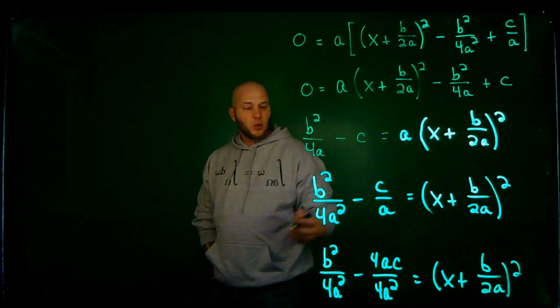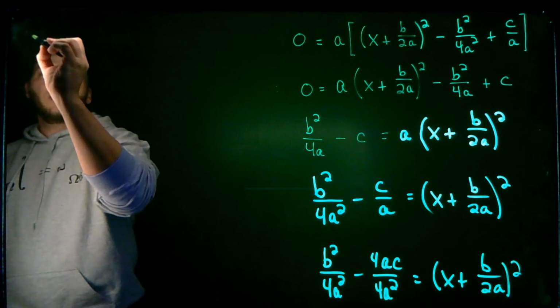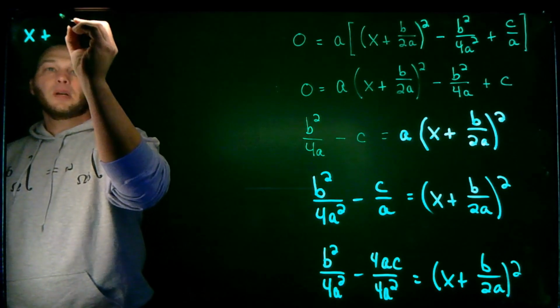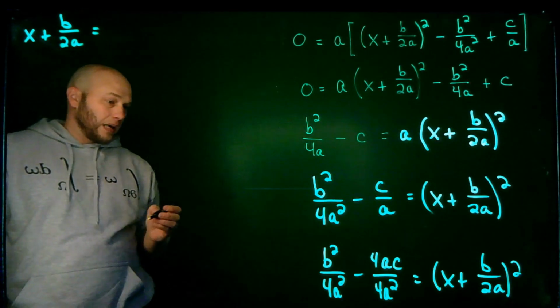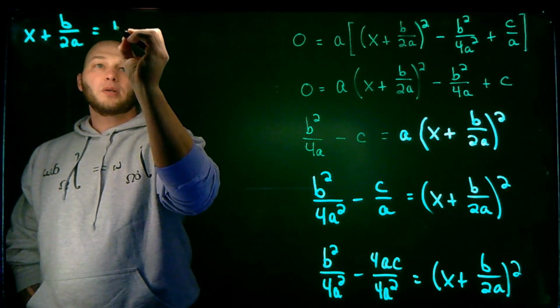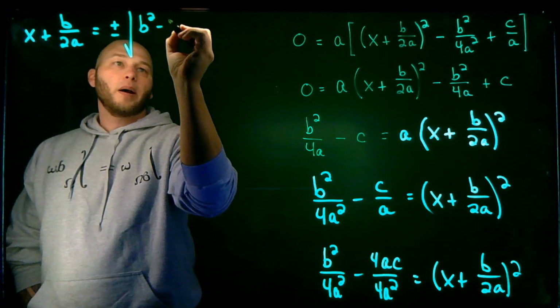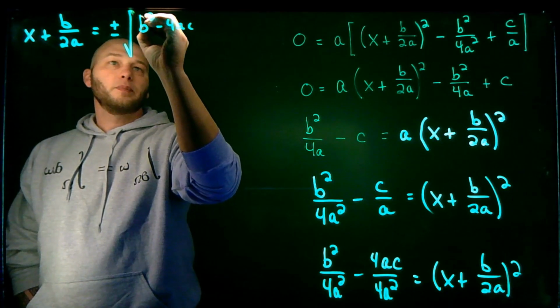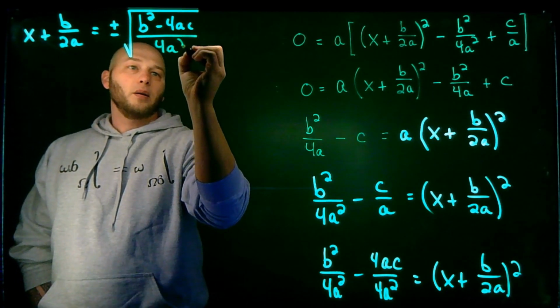Okay, combine this into one fraction, and then take the square root. That's going to give me x plus b over 2a is equal to, again, take the square root, plus or minus the square root of b squared minus 4ac all over 4a squared.